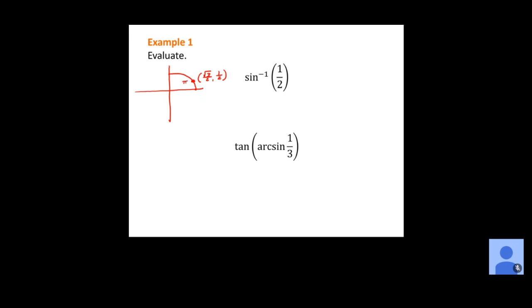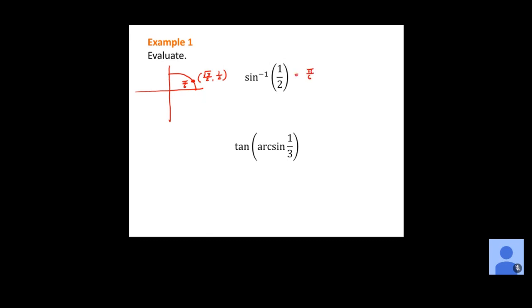Pi/6. Good. Okay. So I know it's probably been a little while since you've done the trig, right? But we can't forget all this stuff because these values will keep coming back up. So just make sure, review your unit circle, make sure you know these values. Okay, so this is going to give us pi/6.